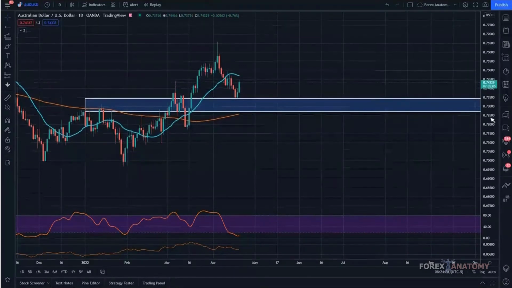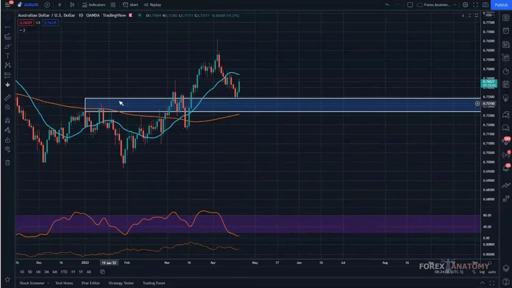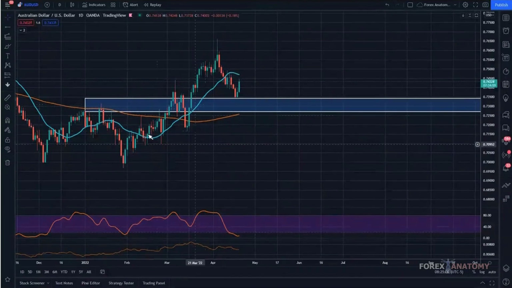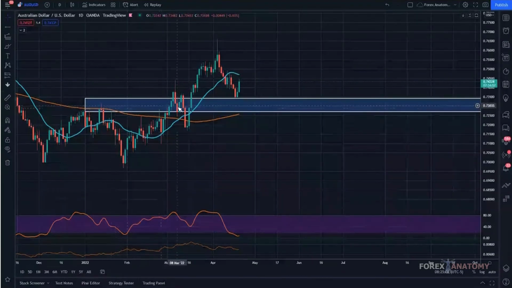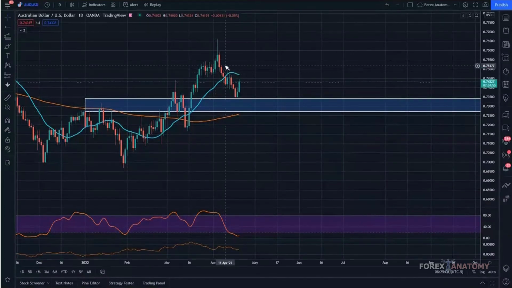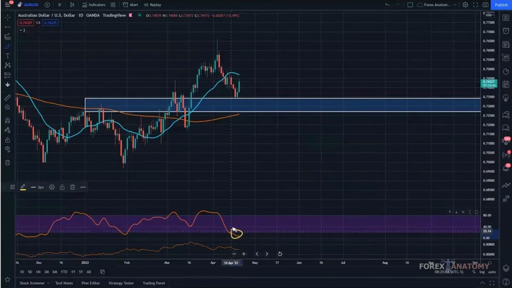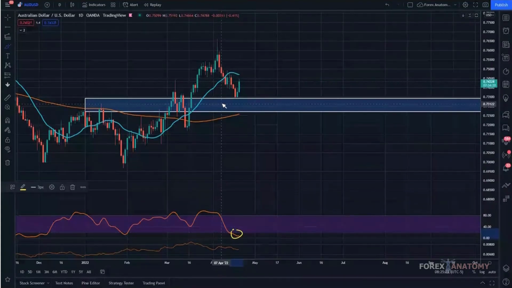What we see right here is that we have this zone of support. It's pretty obvious. Look left, structurally it's closed, but we see that price corrected lower, had this nice impulse leg to the downside, and right at the support we see that stochastics is oversold, and we can expect some type of possible reversal taking place on a smaller time frame.